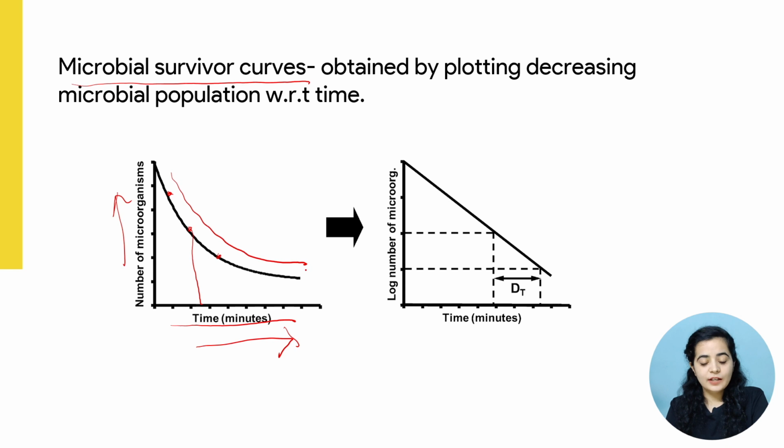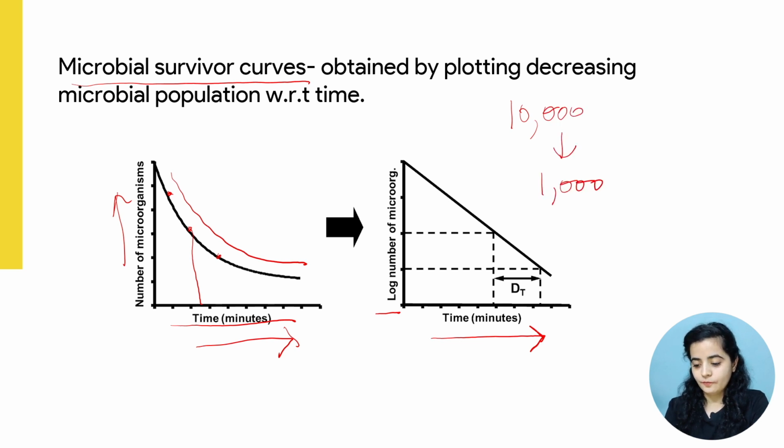For ease of calculations, we usually convert this curve into semi-log coordinates. That is, on the y-axis, we take the log of microorganisms with the linear axis of time. For example, just for reference, we have a population of 10,000 and we have to decrease this to 1,000. These numbers are in reality very large to deal with.